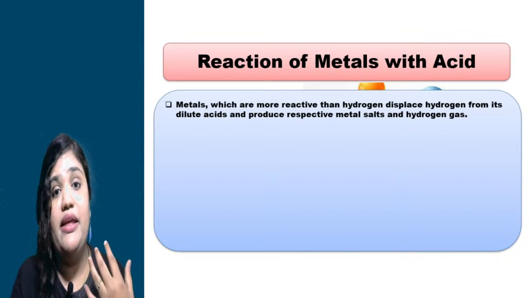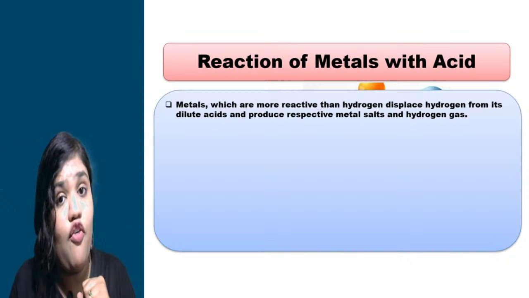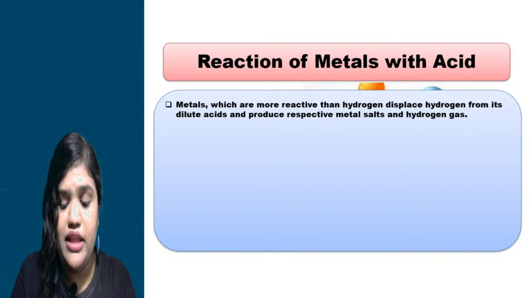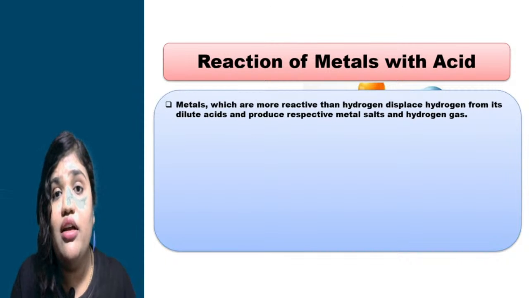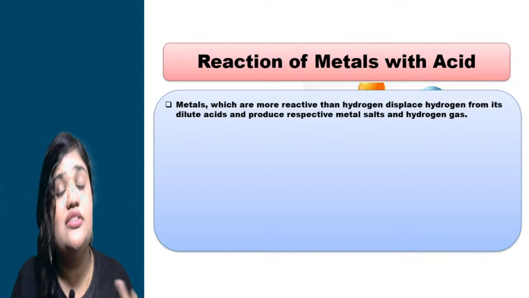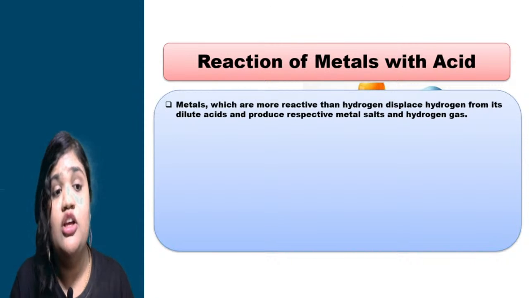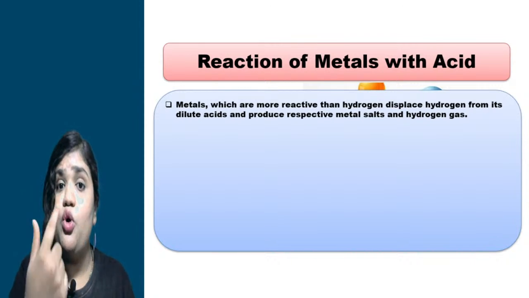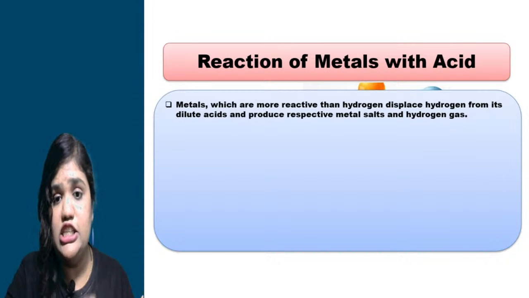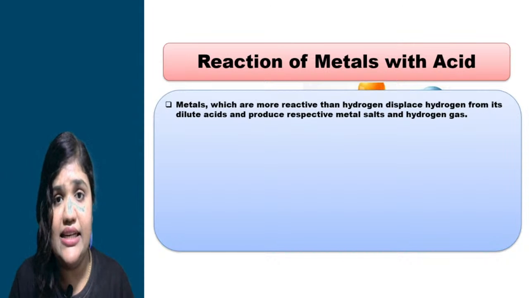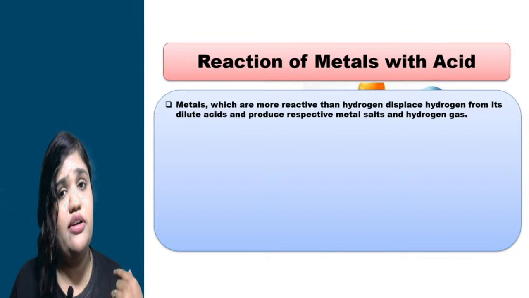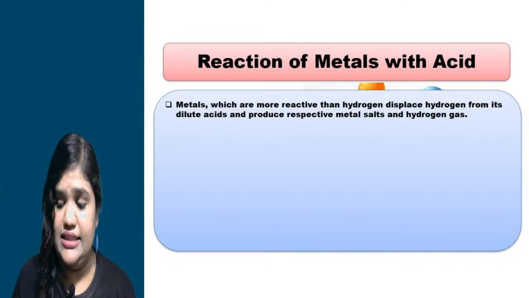You know that acid contains H plus ions, hydrogen ions. So if metal is more reactive than that hydrogen, it will displace it from its dilute acid and there is a formation of metal salt along with hydrogen gas.